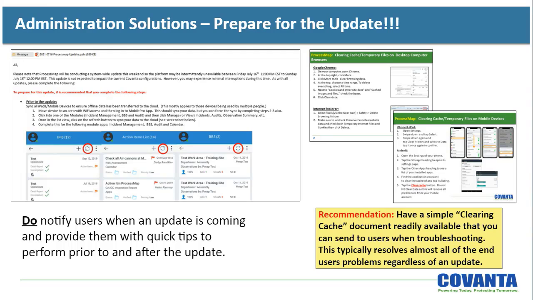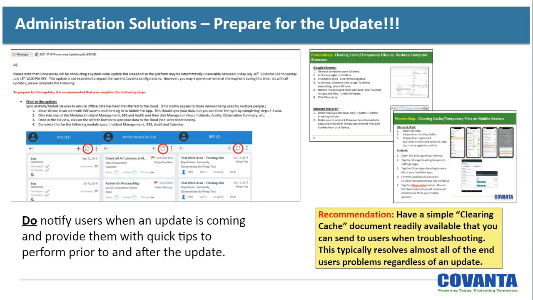When we know an update's coming, we send them a quick reminder and give them those steps, very similar to what ProcessMAP presented last month, saying, here it comes, this is what you've got to do. For us, we didn't have too many big things going on. Or if there is a big update, we let them know. We give them some resources to help them through it, to remind them to do things. This way we don't get all of the influx of traffic, of complaining or not being able to do things or not seeing something.